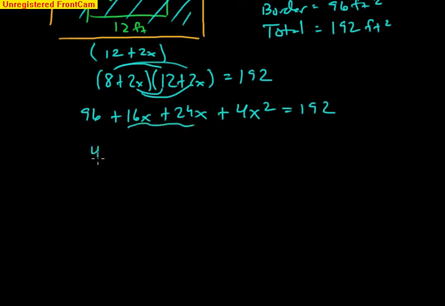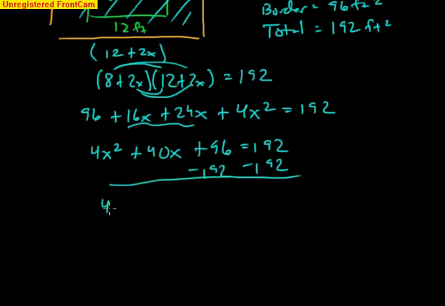Let's combine our middle terms and put our x squared first. 4x squared plus 40x plus 96 equals 192. I'm going to subtract 192 so that it does say equals 0. 4x squared plus 40x minus 96 equals 0. And now here is the quadratic that I'm here to solve.